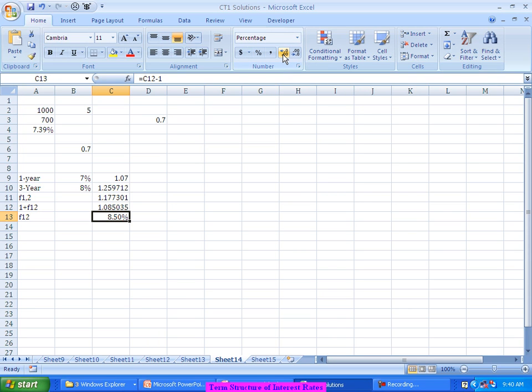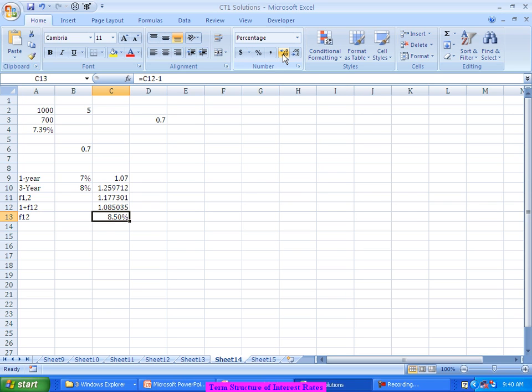This is the way we link the forward rates to spot rates. So today itself I will decide that a 2 year spot rate 1 year from now, which is same as a 2 year forward rate right now, is 8.5%.